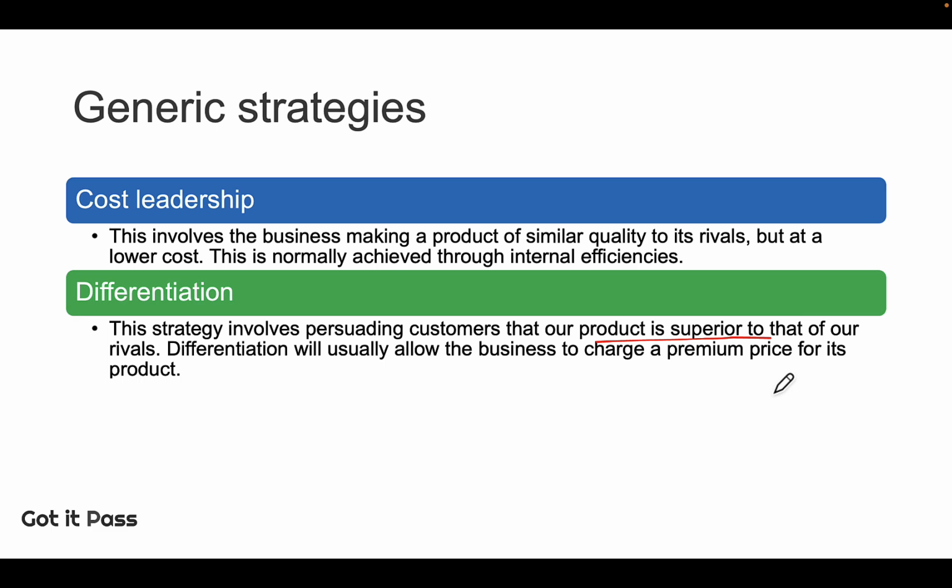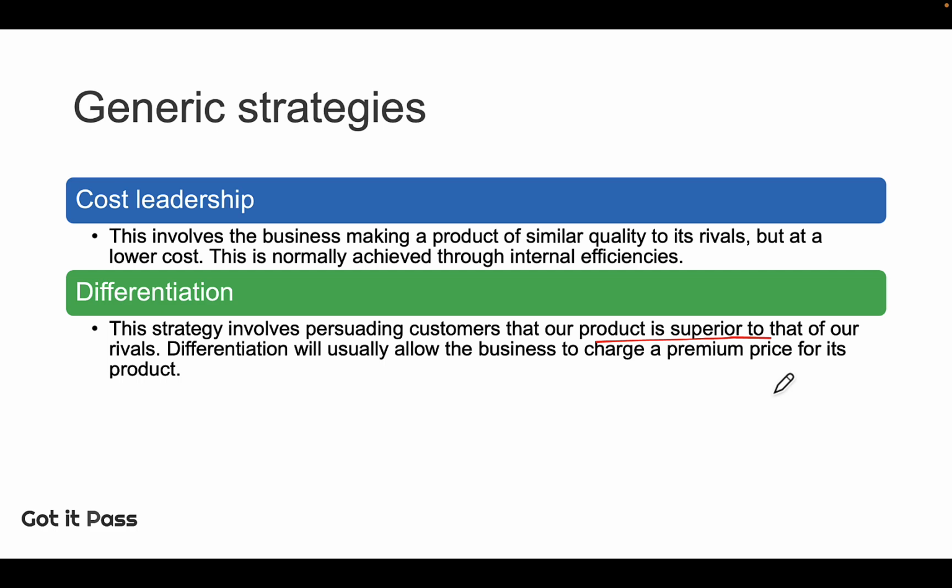An example in the motor industry: if you say Toyota is the brand seeking cost leadership because of the internal efficiencies of Toyota's production line, then differentiation will fall into, say, Mercedes-Benz, because Mercedes-Benz produces a car with superior quality to Toyota, with a better engine, better quality of leather in the cars, or better design.